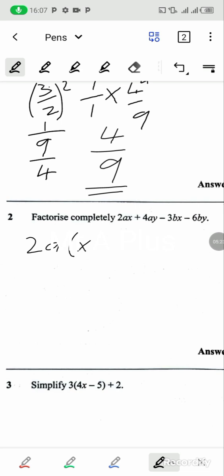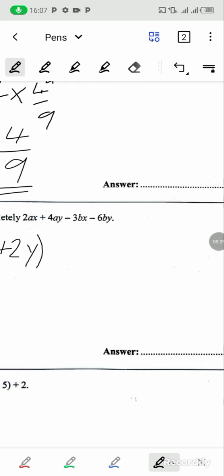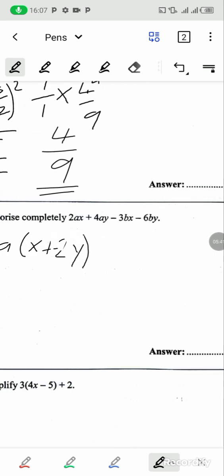Then we say 2a into 4ay, we say plus, because this is positive, so this will give us 2y. Okay, then we close. Then this side 3bx minus 6by, the common thing is negative 3b.